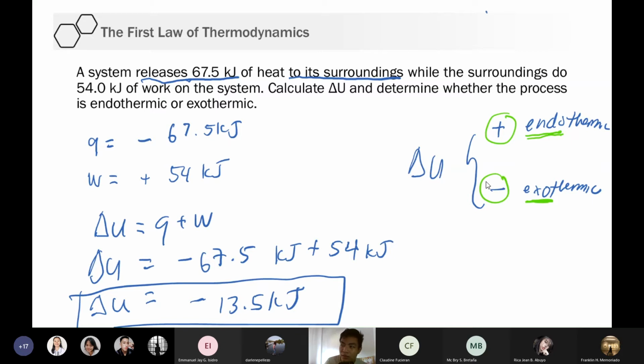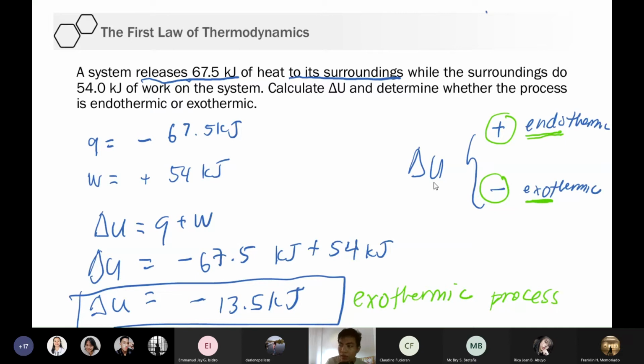Yung negative, exothermic yon. Ibig sabihin, yung system nagbigay ng sobrang energy. Sobra yung energy na binigay niya. Kaya negative yun. So, since this is negative, we will say that this is exothermic process. Naglabas siya ng heat.